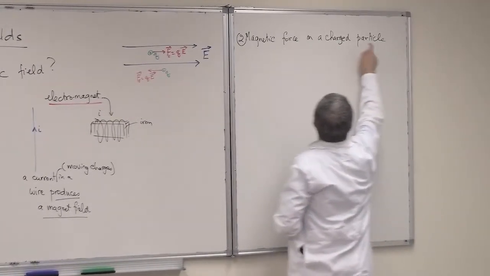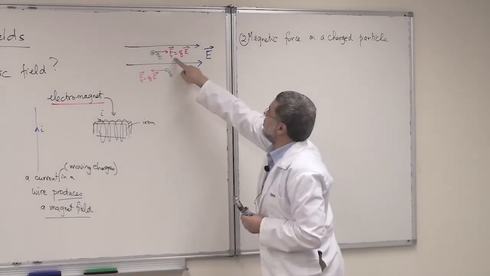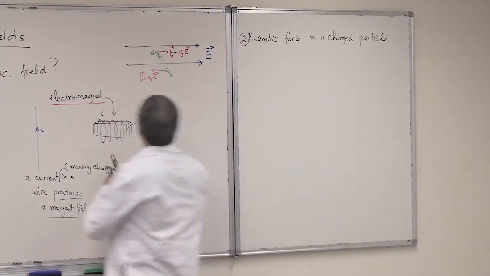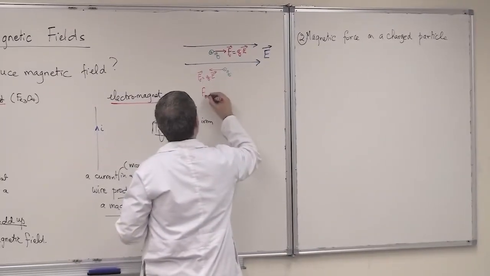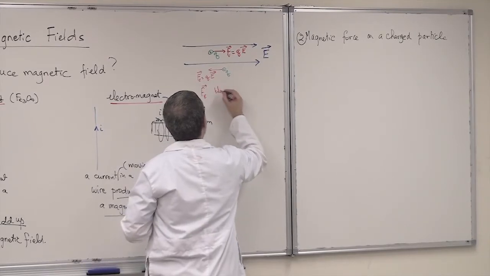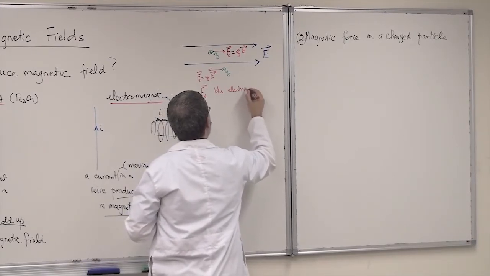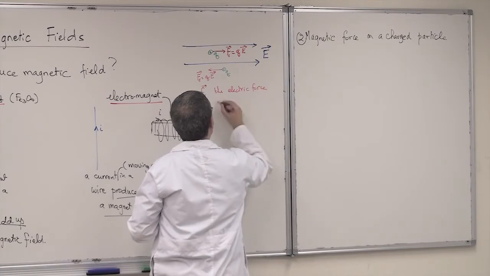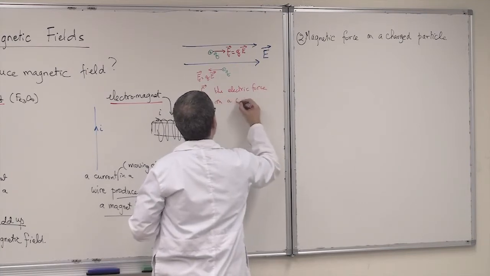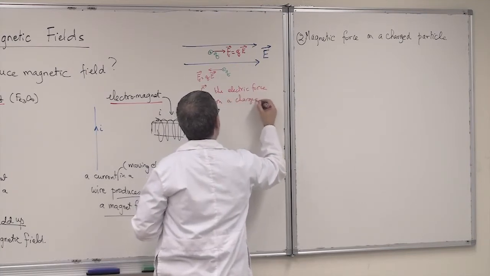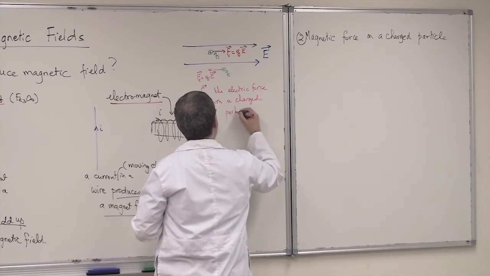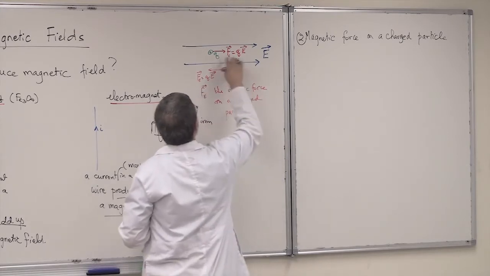Now we are going to take a magnetic force on a charged particle. Now we have this, called the electric force, Fe, the electric force on a charged particle. So here the charged particle is in an electric field.